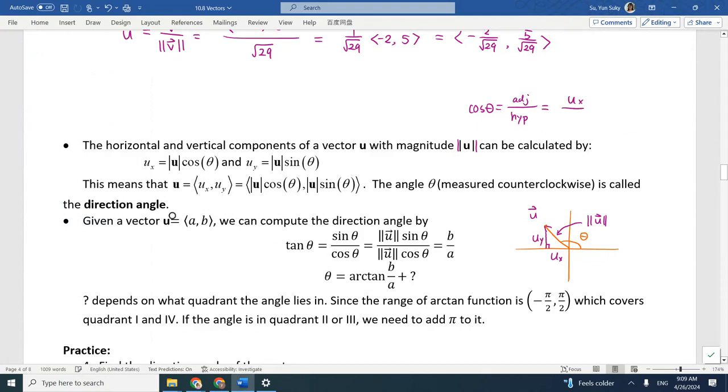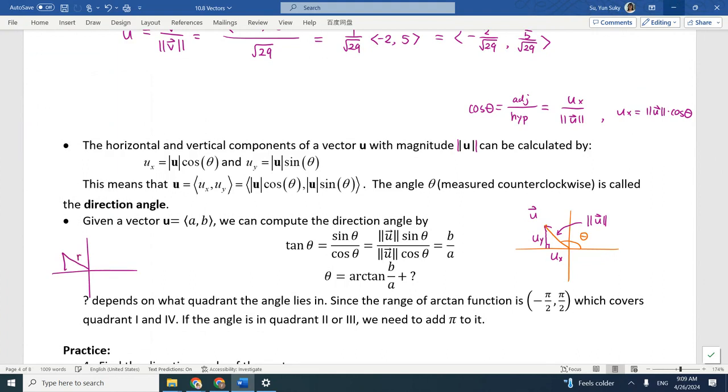What is hypotenuse? The magnitude of u. Right, everybody? So therefore, ux is, multiplying both sides by the magnitude of u, the magnitude of u times cosine theta. Okay, everybody?